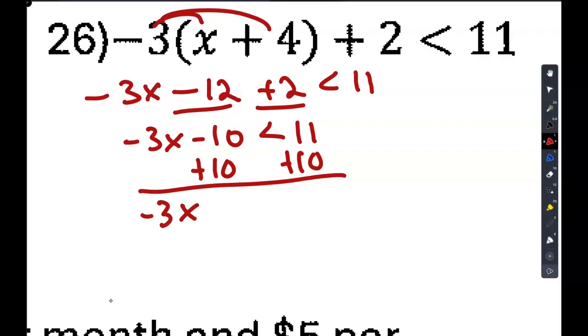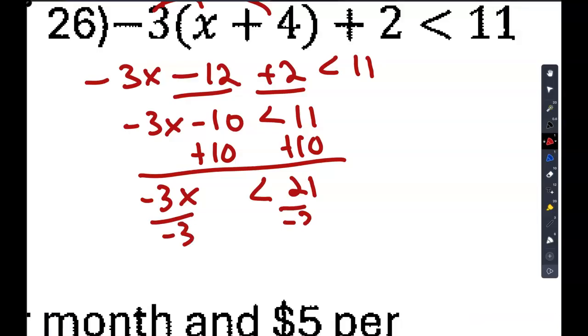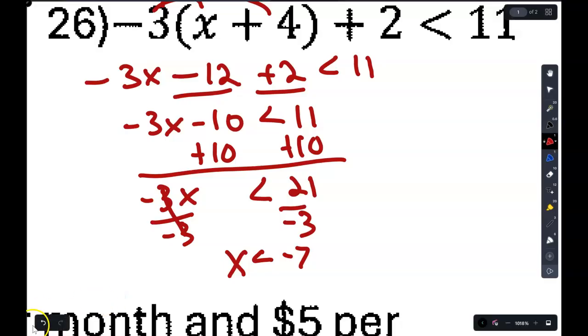Negative 3x is less than 21. We're going to divide by -3. And x is less than -7. All right, now let's take a look at a couple word problems.